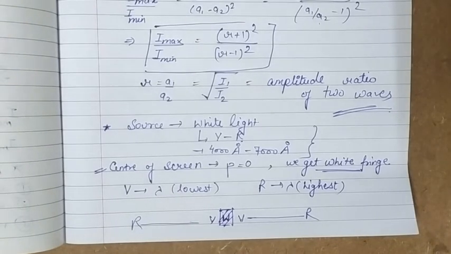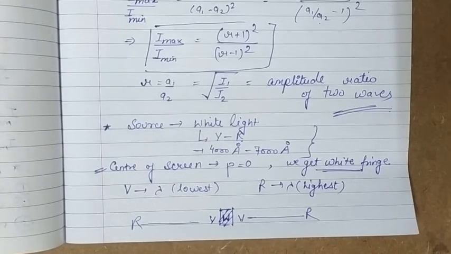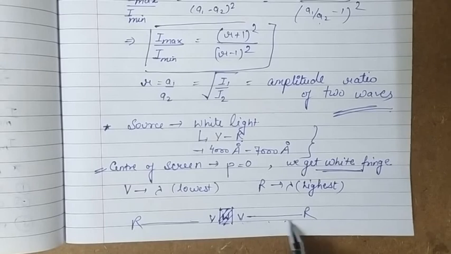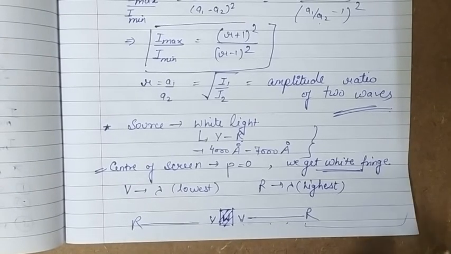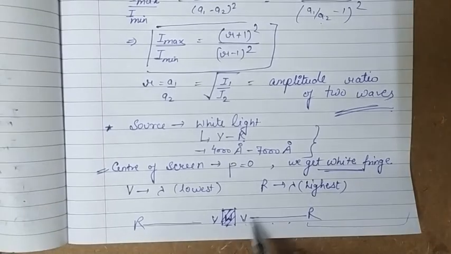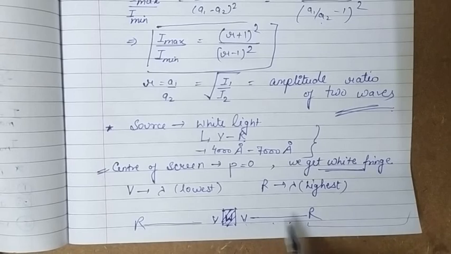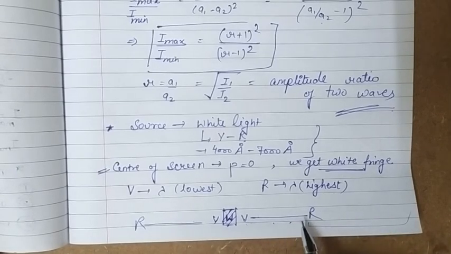However, if we see the pattern at large distances or at farther points, because of the large overlapping of fringes, uniform white illumination can be seen on the screen. All 7 color fringe patterns are present there and they overlap with each other, like violet's pattern, then blue's pattern, then green, then yellow, and so on up to red.